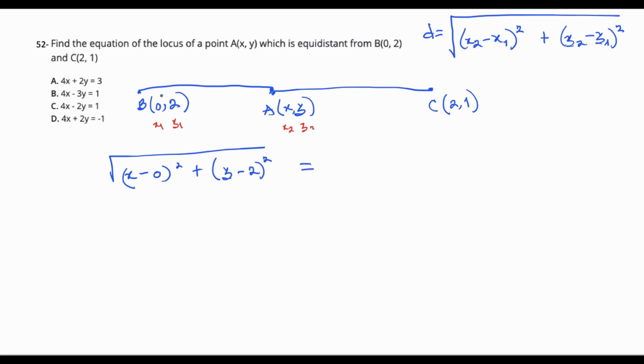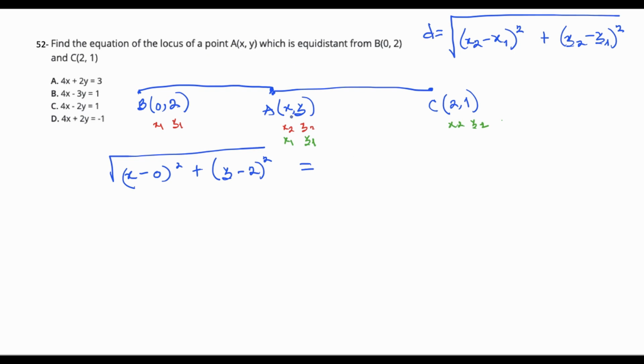Now we've been told that this distance is the same as this distance. So the distance between points B and A is the same as the distance between point A and C. So this is going to be equal to the distance between point A and C. Now to calculate the distance between point A and C, we have to relabel our points. So now this is going to be our new x1, this is going to be our y1, and this is going to be our x2 and our y2.